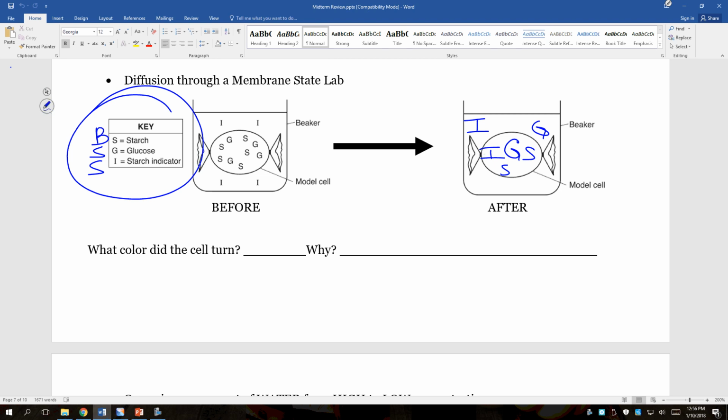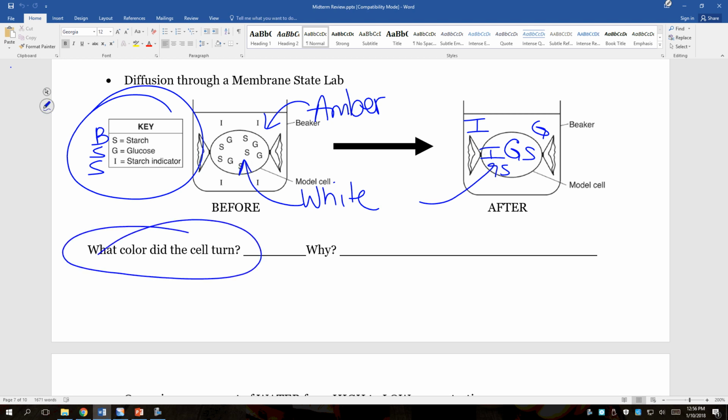Just kind of as a little bit of a reminder, remember our initial color here on the before was amber, and then the inside, it was kind of like a milky white color. If we're looking on the right-hand side, our end result was that this cell, right, that's what this says. What color did the cell turn? It turned a blue-black color.